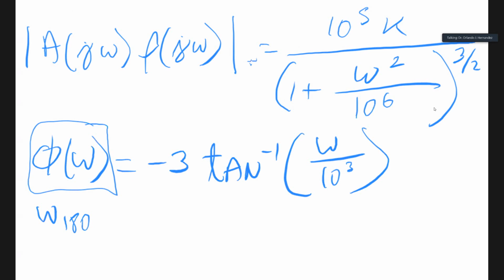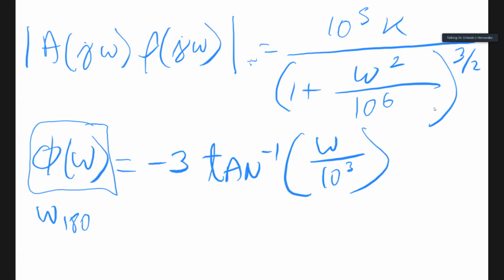So you can plug it in the magnitude here and solve for k. This is an important technique. When looking for stability, it's always going to be the same. You come up with the magnitude expression, the phase expression, find the 180 omega or frequency, and use that to find some other parameter in the magnitude expression.